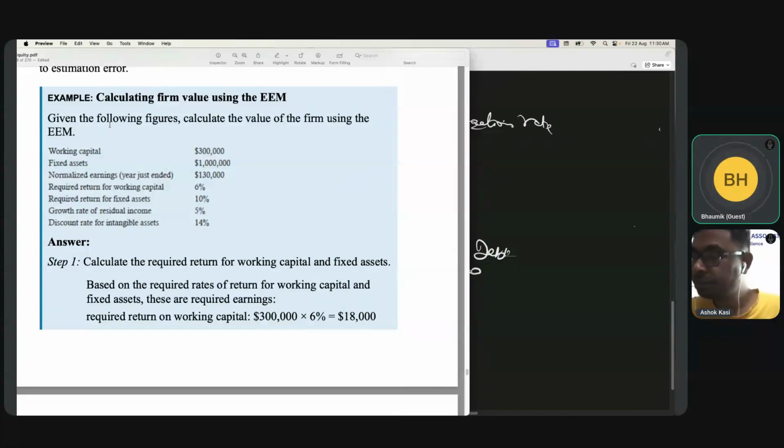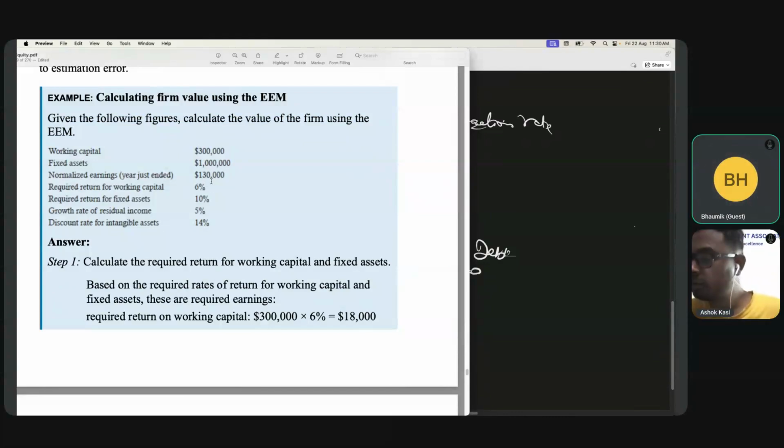Given the following figures, calculate the value of the firm using EEM, the excess earnings method. Just go through this question. Working capital 3 lakhs, fixed assets 1 million, normalized earnings for the year ended 130,000.